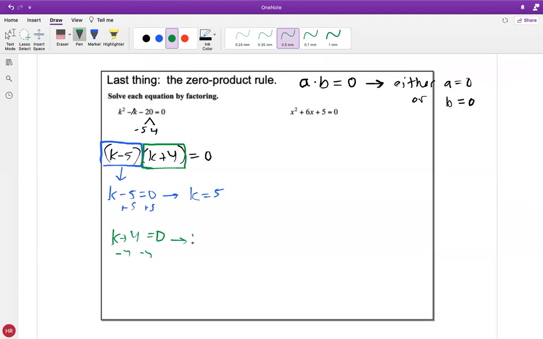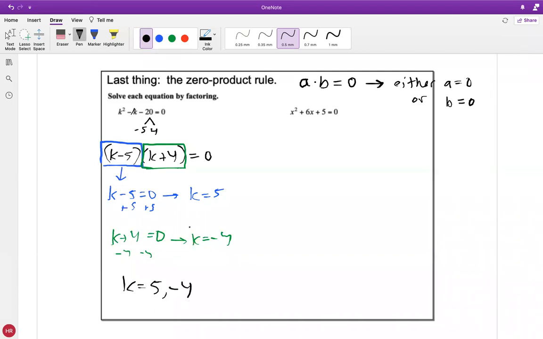I did that wrong. If I subtract 4 from both sides here, I get negative 4. This tells me that k is either equal to 5 or it's equal to negative 4.